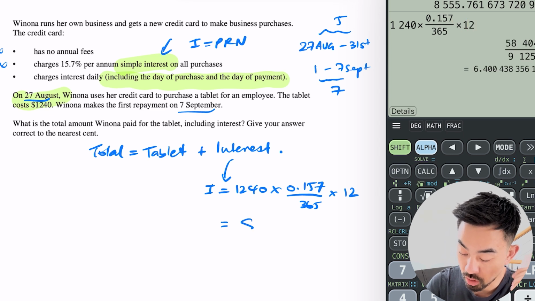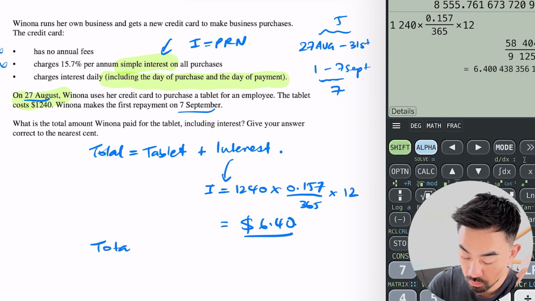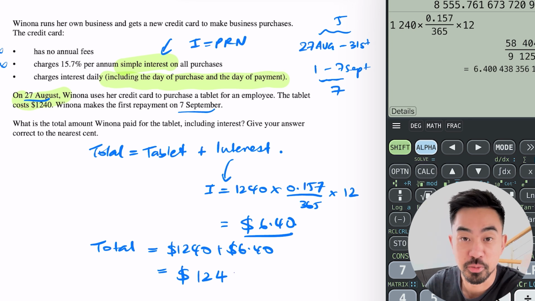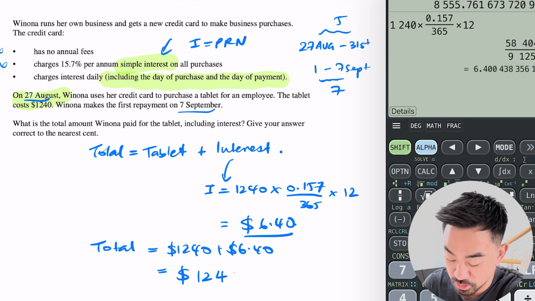So interest is going to be $6.40. So the total is going to be $12.40 plus $6.40. So I think that's going to be, excuse me, sorry, that's going to be $1,246.40.